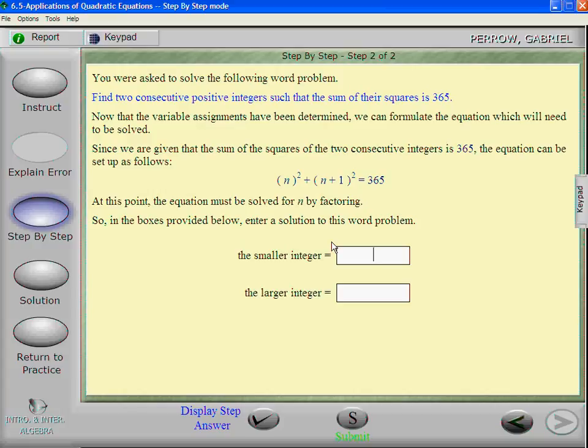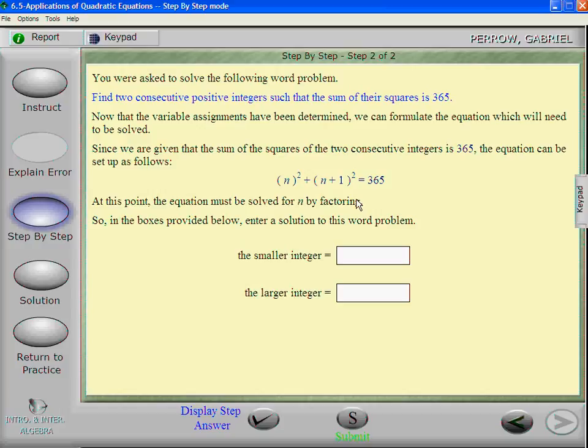So you end up with 2n squared plus 2n plus 1 equals 365. And we can subtract 365 from both sides. And that's going to give us 2n squared plus 2n minus 364 equals 0.